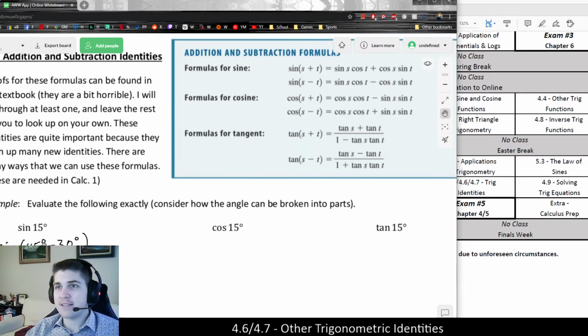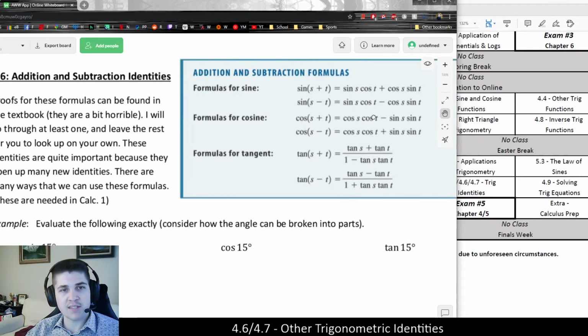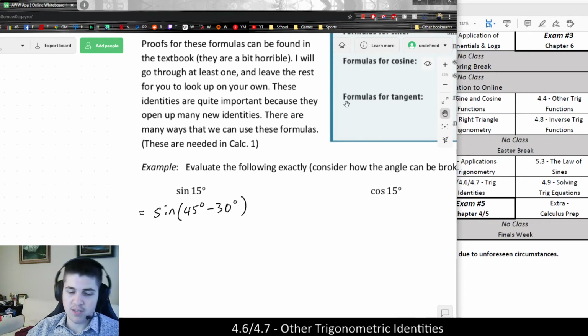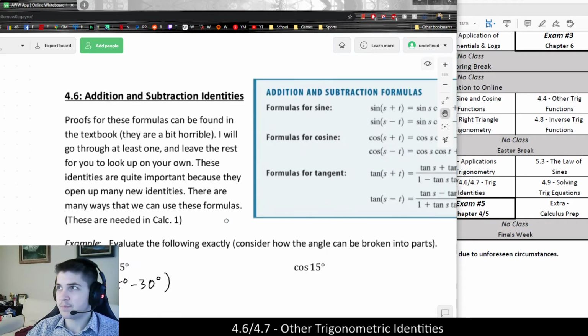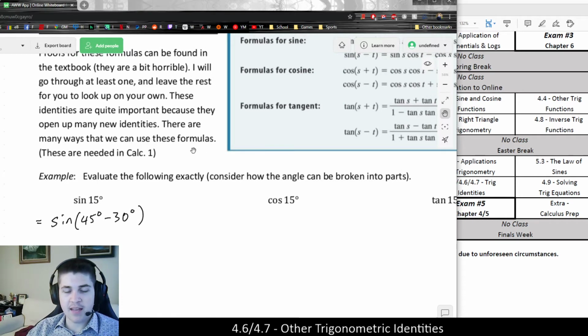Since this is a difference of two angles, I want to apply the difference identity, which would give me sine of the first, cosine of the second, minus cosine of the first, sine of the second. Let me leave that right there while I write this down. Another way to think about this is, if I'm trying to use the identity, I want to know, what is s, what is t?